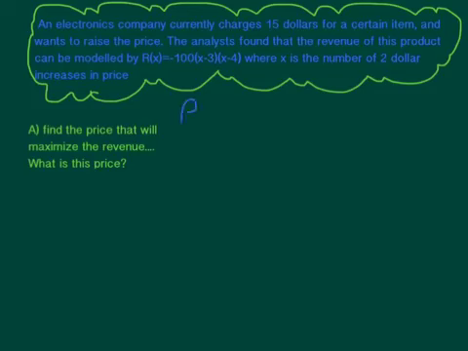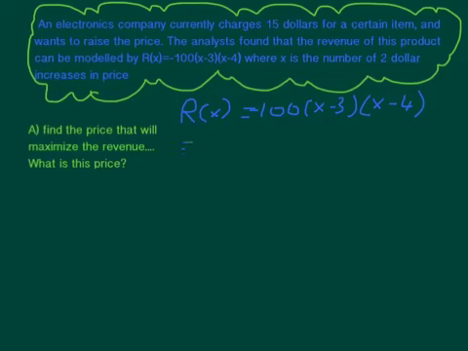So we know that R(x) equals -100(x - 3)(x - 4). Now I'm going to factor this out, but I'm going to be clever about it. I'm going to only factor these two. I'm going to keep this negative 100 at the beginning. I'm not going to multiply by it.